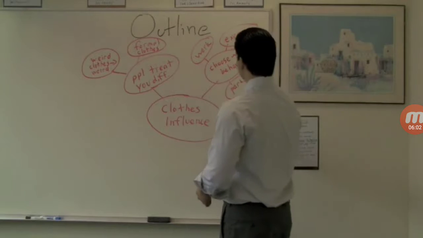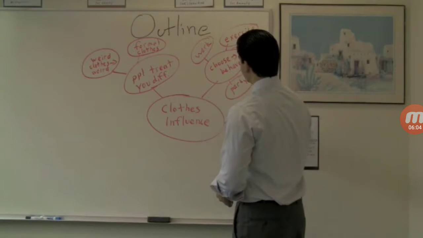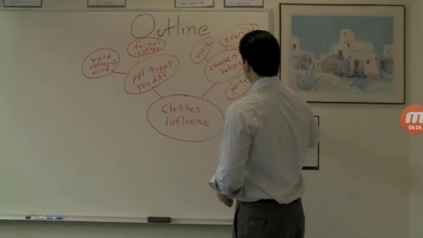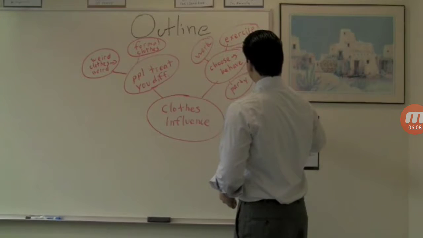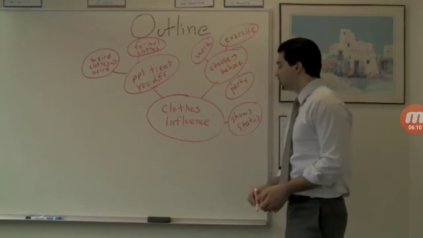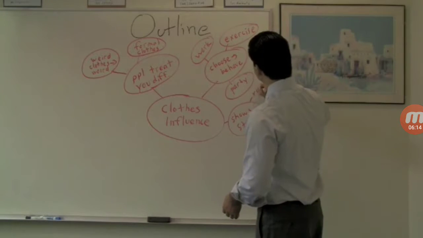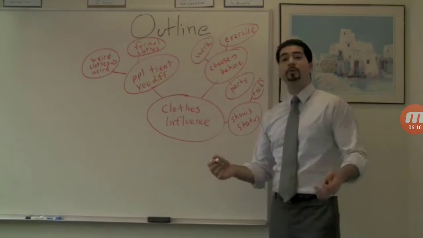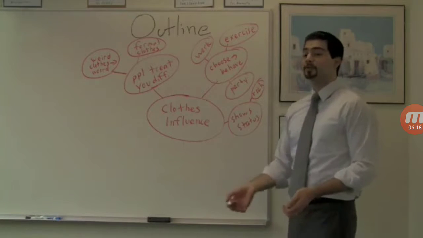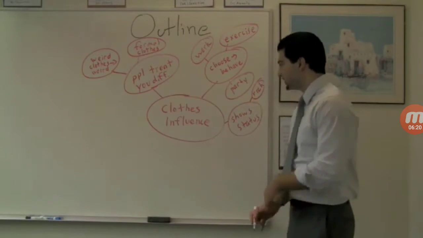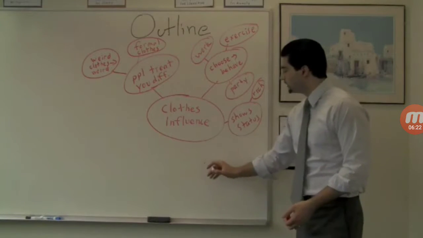What else? It influences your behavior because it shows your status, right? So if you want to look rich, you dress rich, you start to act rich. Kind of a similar idea to this, but just get the idea flowing.